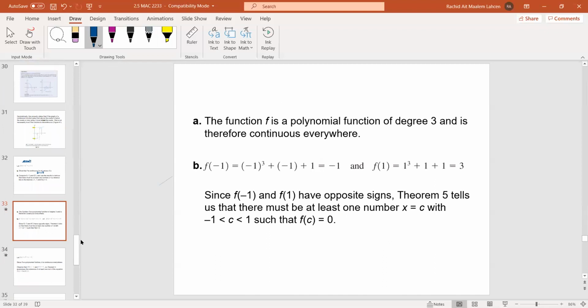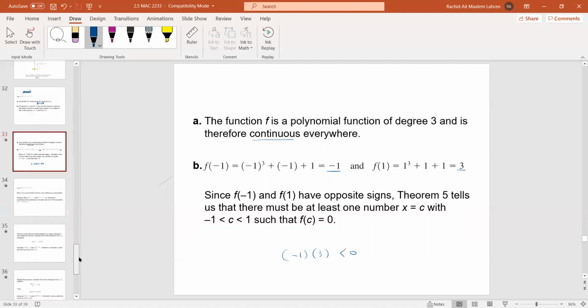It's a polynomial, so it is continuous. f of -1 gives us -1, f of 1 gives us 3. If you do -1 times 3, it is negative, less than 0. So yes, based on theorem 5, there must be at least one number x equals c such that f of c equals 0. So there must be a 0 for this function between -1 and 1.